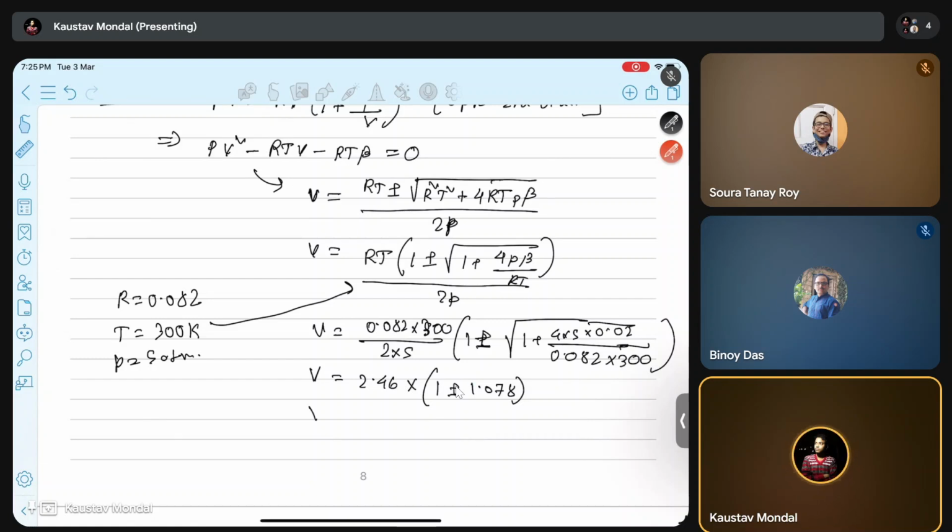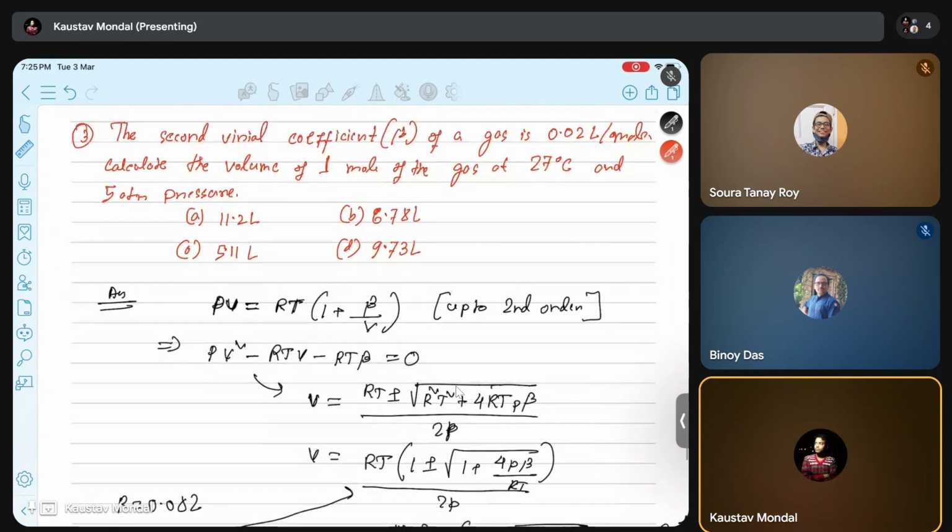Volume cannot be negative, so you have to take the positive term. In that case it will become around 5.11 liters. Taking the plus sign, this would be the correct answer.